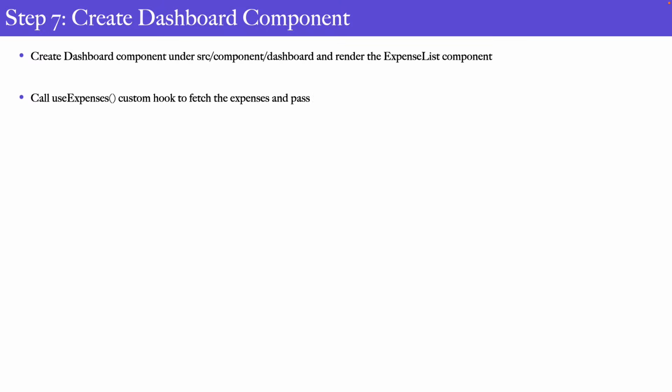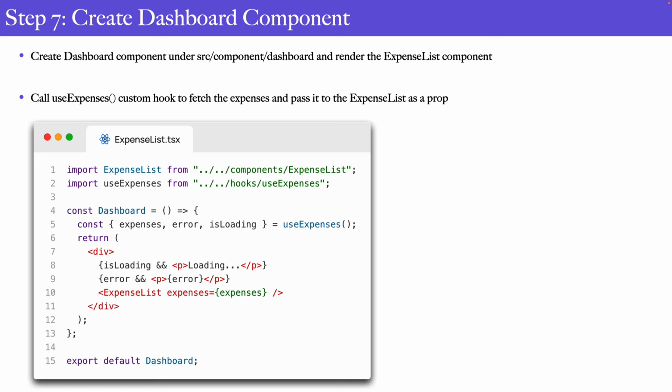The next step is to create the Dashboard component. The Dashboard component we will be creating under the components folder and under dashboard, and this component is responsible for rendering the ExpenseList component. Inside this we are going to call the custom hook which we have created, useExpenses.